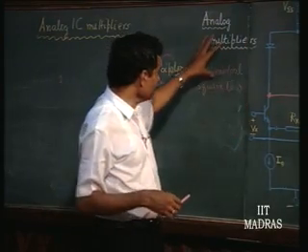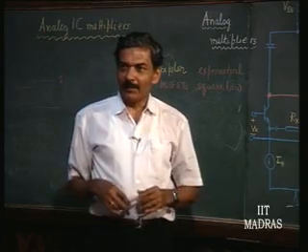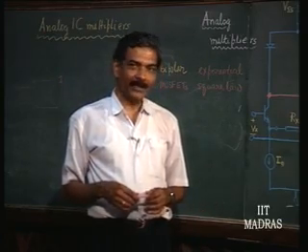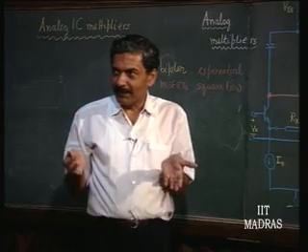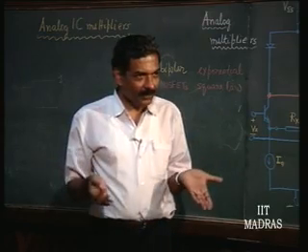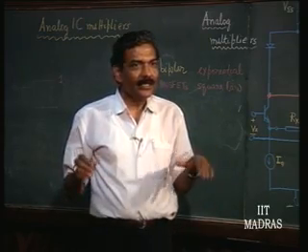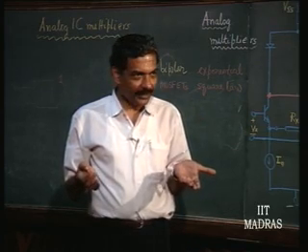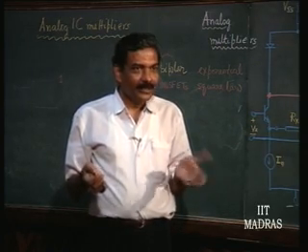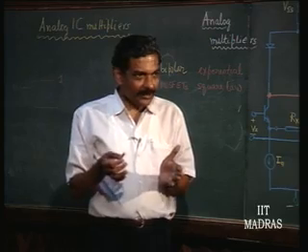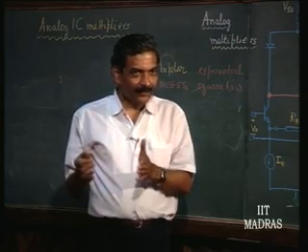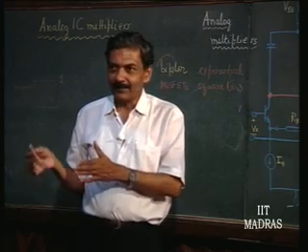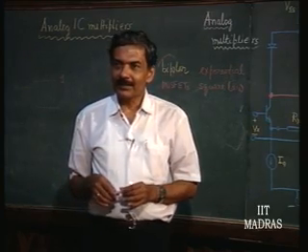Once we have a device which can do log operation and antilog operation, obviously we can use it for multiplication by taking the logarithm of Vx, the logarithm of Vy, and the logarithm of 10 volts, or Vref we will call it, adding log Vx plus log Vy minus log Vref or log 10 volts.